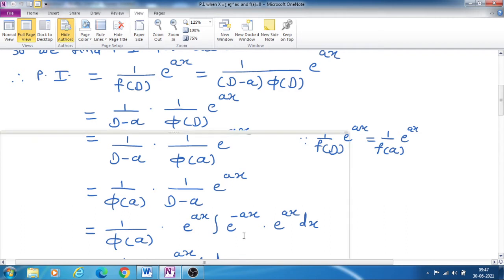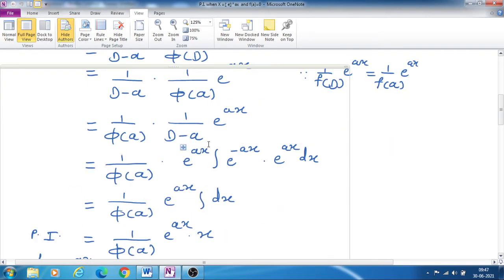So now this phi(a) is a constant number. We can write outside 1 upon phi(a) into, now we have to operate 1 upon D minus a on e raised to ax. Now this can be solved.